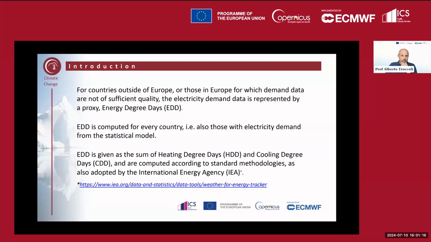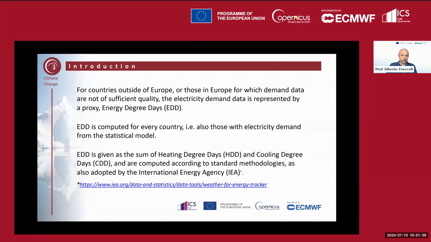So the issue is why we have these different approaches for electricity demand. The current operational system is for Europe only, and now we are developing the one for the globe. There are a lot of issues, particularly in terms of data.